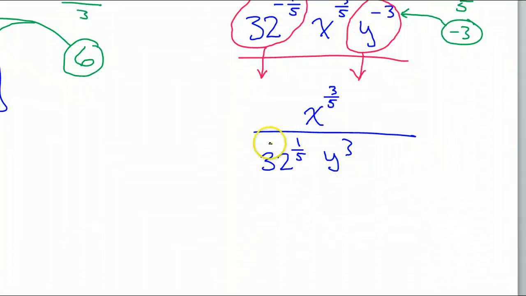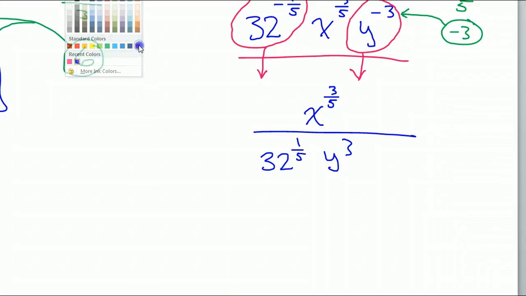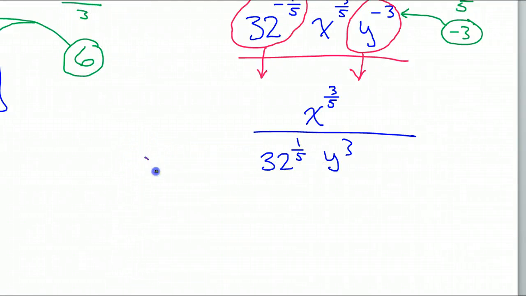Now the only thing left to do is to evaluate 32 to the 1/5 power. Now I'm hoping you remember that 32 to the 1/5 power is the same thing as the 5th root of 32.